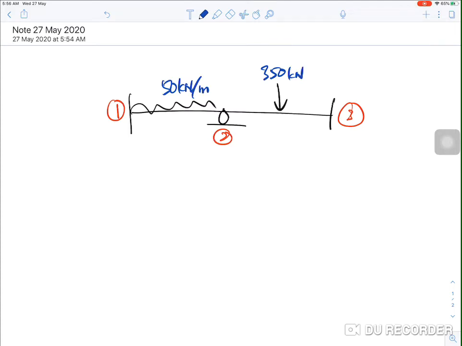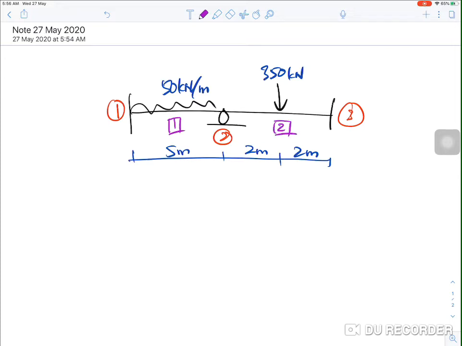The lengths are 5 meters, 2 meters and 2 meters. So there are two elements, element number 1 and element number 2.